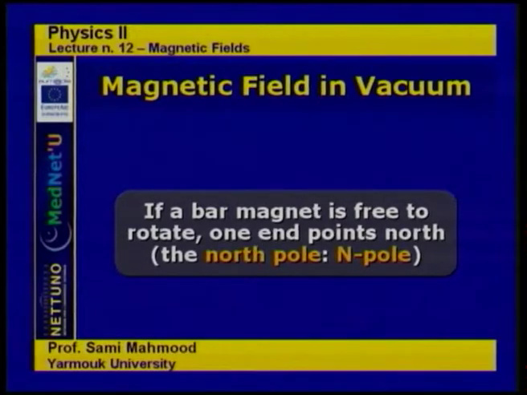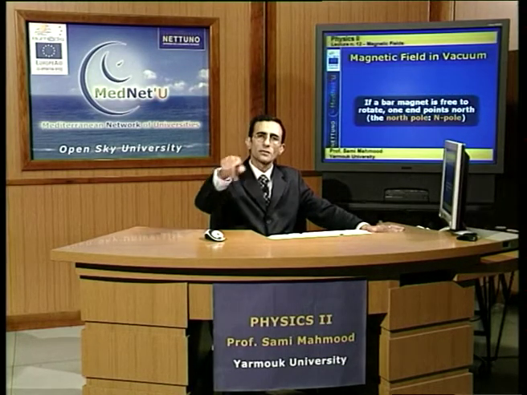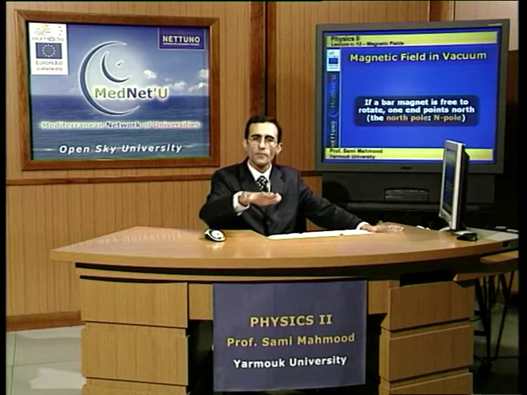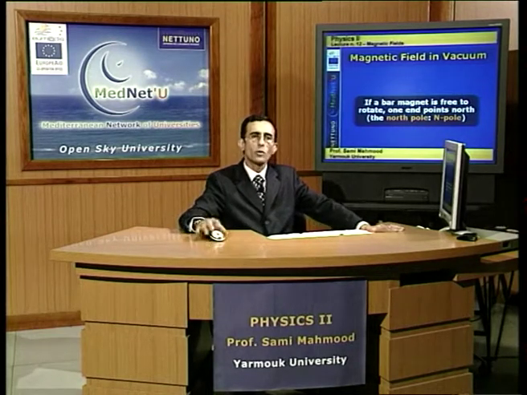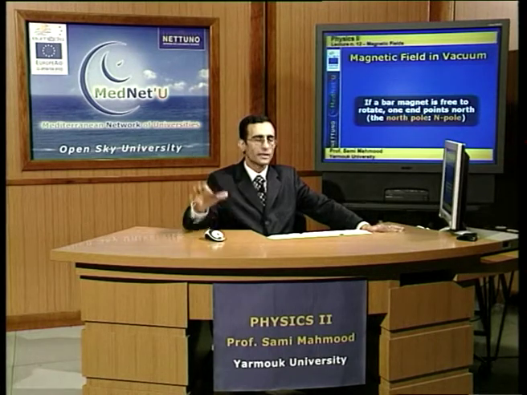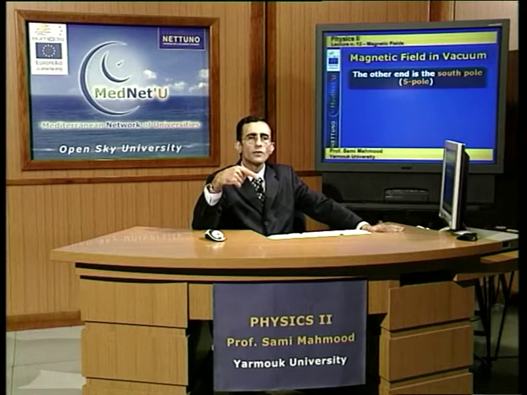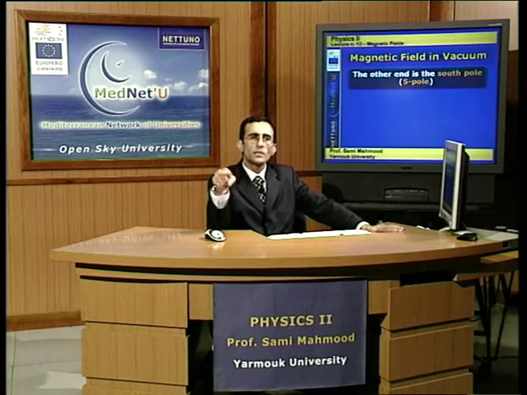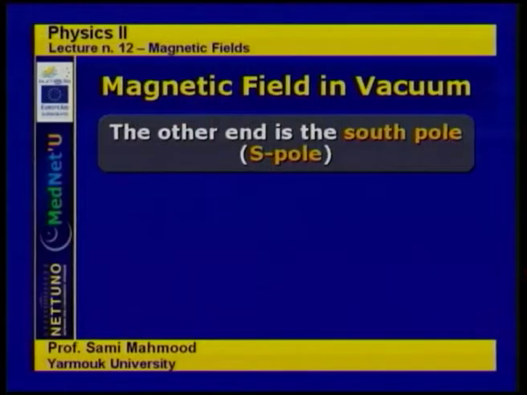And this end of the bar magnet that points always towards the north, if it is free to rotate horizontally, in a horizontal plane, is called the north pole or the N pole of the magnet. The other end of the bar magnet, which would be directed towards the geographical south, is called the south pole or the S pole of the magnet.